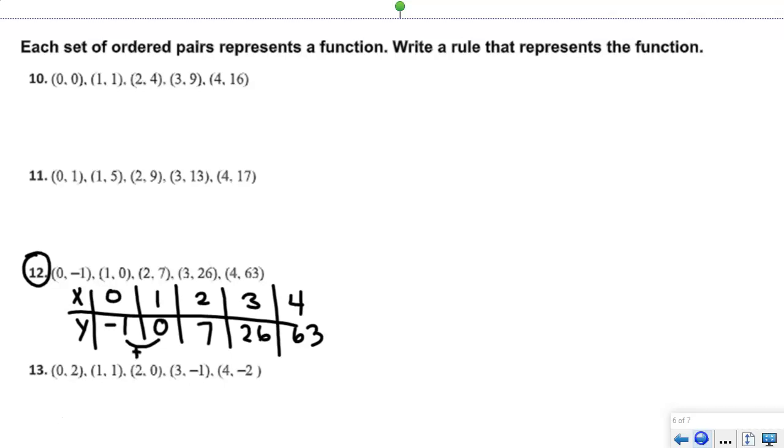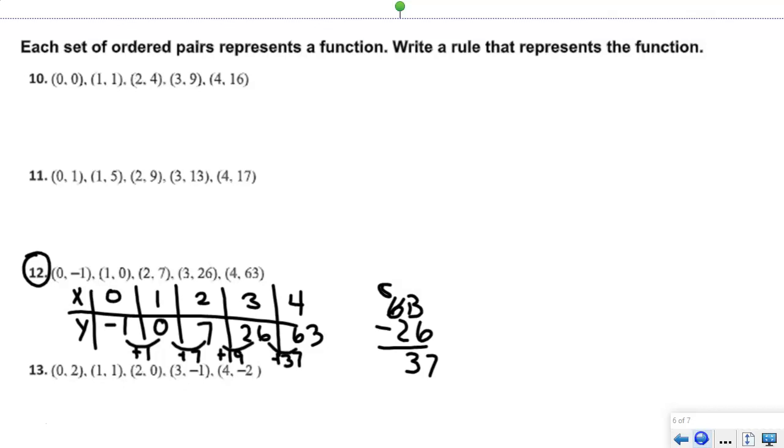Here I'm going up 1, and here I'm going up 7. Here I'm going up by 19. And here I'm going up by a lot. Let me do the subtraction in my head. 63 minus 26 is going to be, oh gosh, 63 minus 26. That's going up by 37. So we're not going up by an even amount.